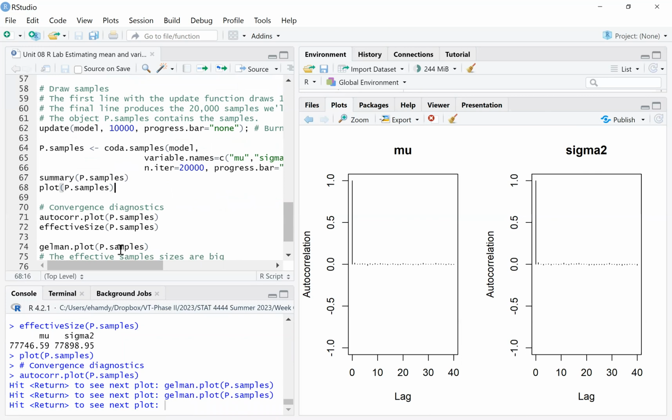Let's wait until we get the Gelman-Rubin plot.